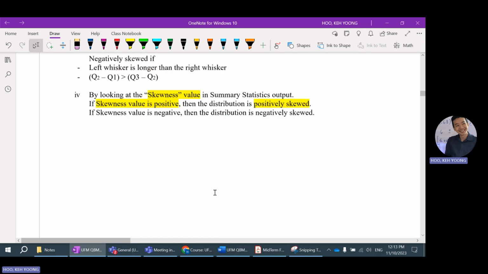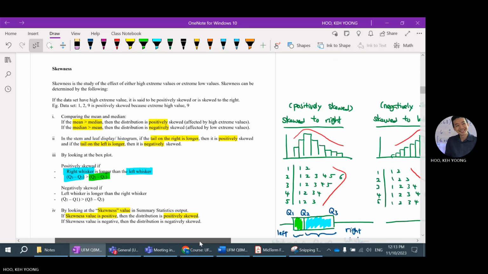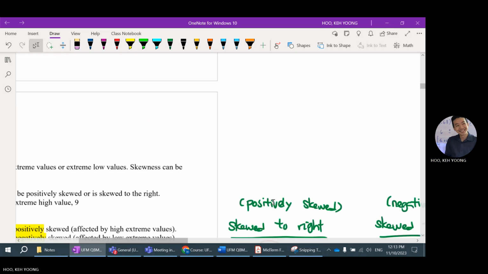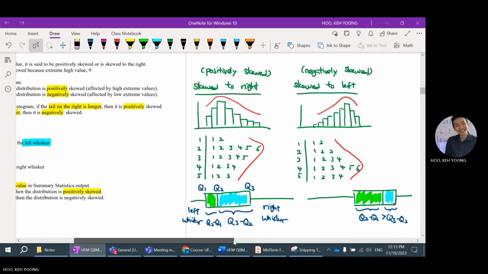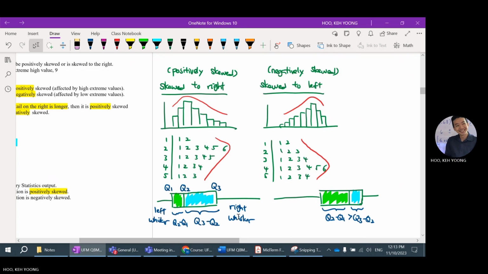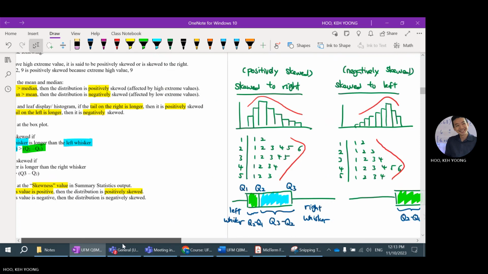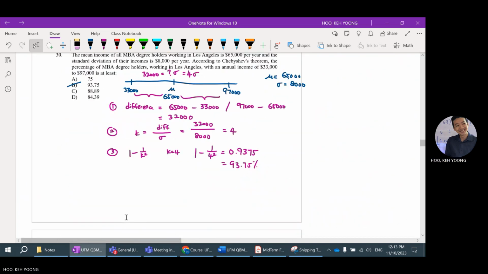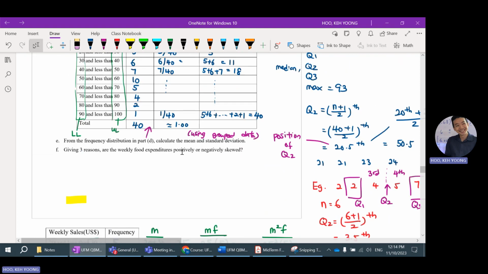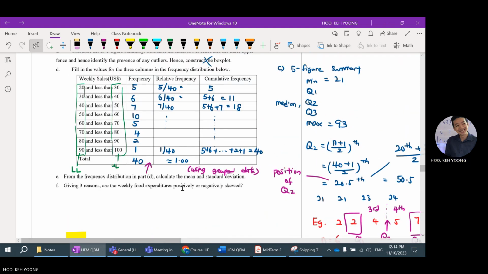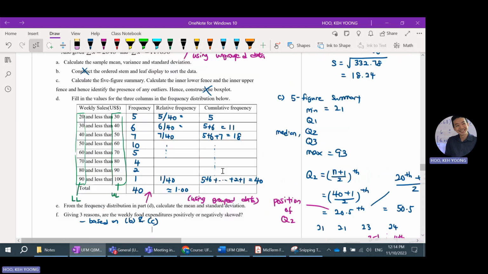So we look at this data. What is the answer for this? Is it positively or negatively skewed? This one you have to refer to question B and C. So we skip that, because I will not ask you the stem and leaf and box plots.